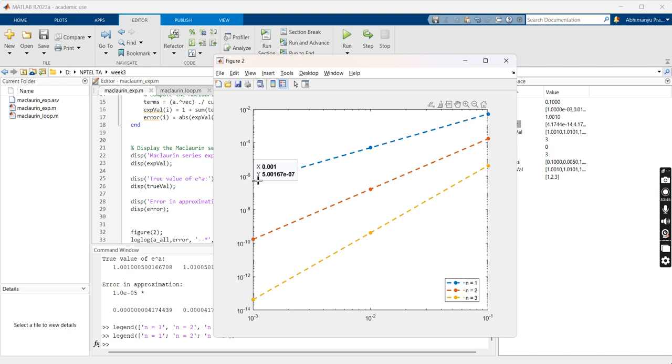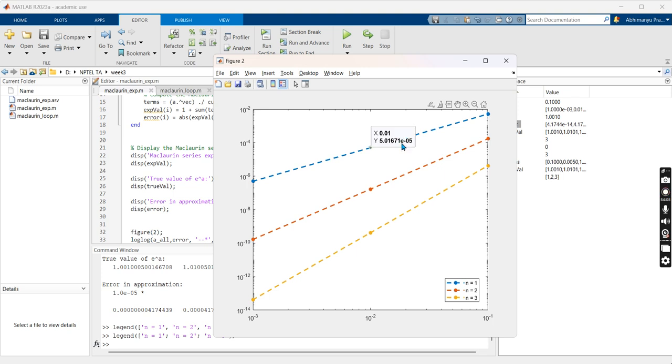So as we decrease the a value, the error decreases. You can see over here, this is the largest a value, this is the middle a value, this is the smallest a value. So as the a value decreases, the error decreases.